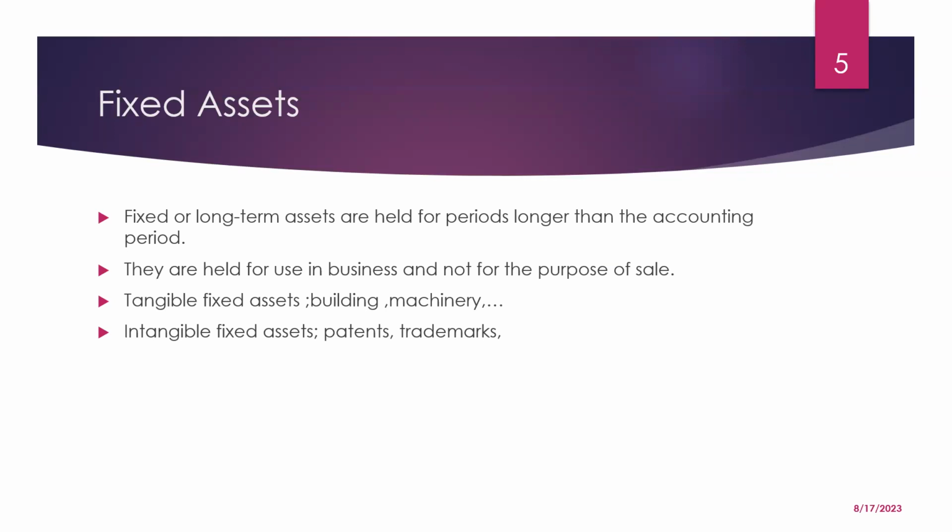In a garment factory, the main business is to manufacture garments or clothing items, so the vehicles are used for transportation or distribution, and those vehicles are categorized as fixed assets. So that is one case.